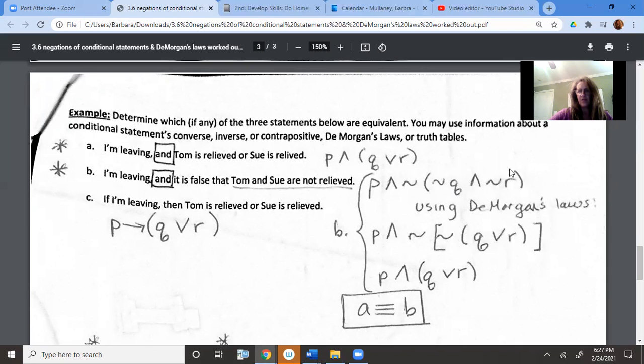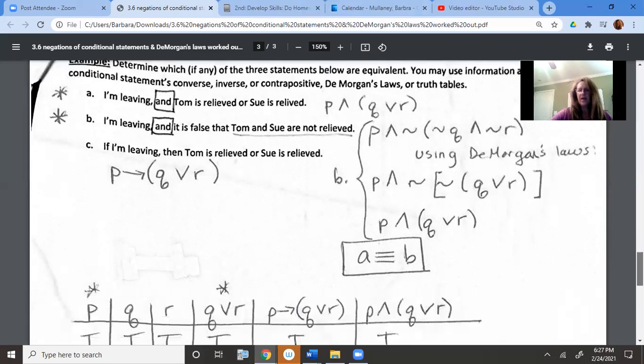What was inside the first set of parentheses here, I turned into the negation of Q or R. And now we have this double negation, which is a positive. It's like that double negative I was talking about. And now we have P and the quantity Q or R. And that is equivalent to statement A. So we now know that A and B are equivalent.